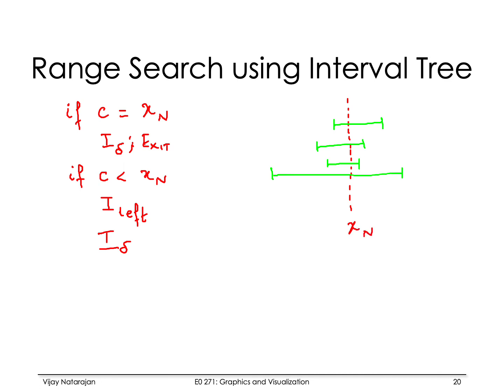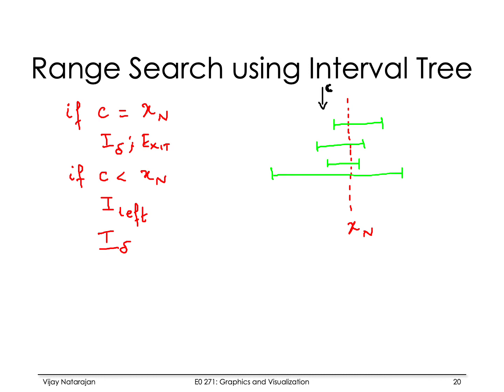And I know now that C is somewhere here, that is C. So it is less than x sub n. How do I quickly report the intervals from I sub delta, the green intervals? How do I quickly report those intervals that contain C? This is the question.